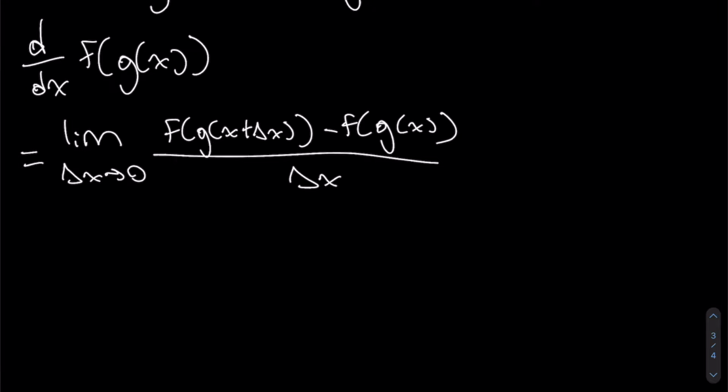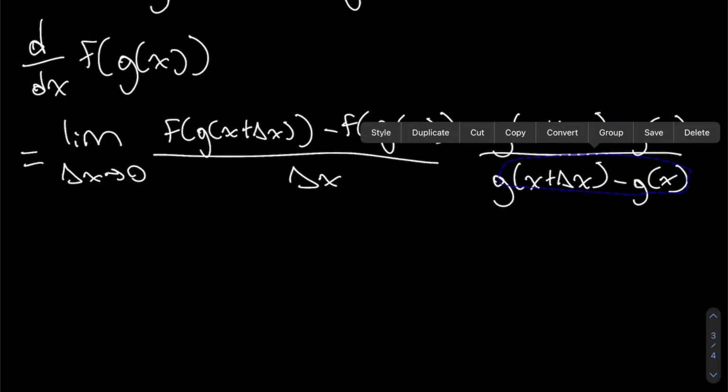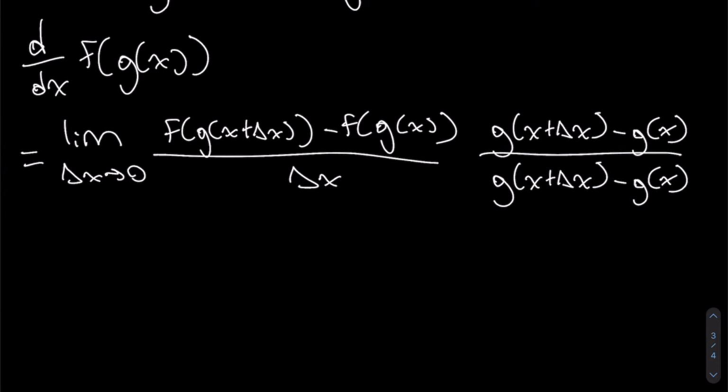And I'm going to do the same thing I did in the last video, the same thing I just explained, where I'm going to multiply the top and bottom by dg, which is g at x plus delta x minus g at x. Multiply top and bottom by it, so I'm multiplying by 1, I'm not changing anything.